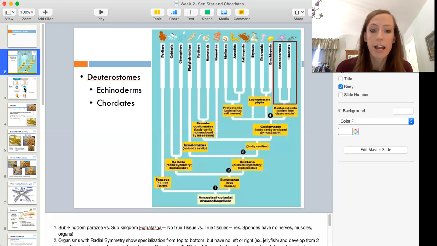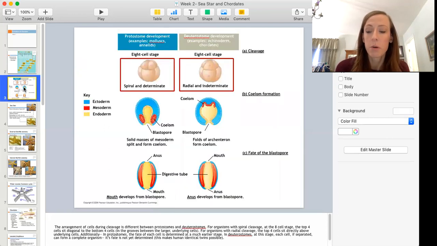Last week I had detailed a few of the differences between protostomes and deuterostomes. So some of this should look familiar in that we had talked about the formation of the coelom, that space between the digestive tract and the body wall, and how that forms. And I'd also mentioned that the fate of the blastopore is different between protostomes and deuterostomes.